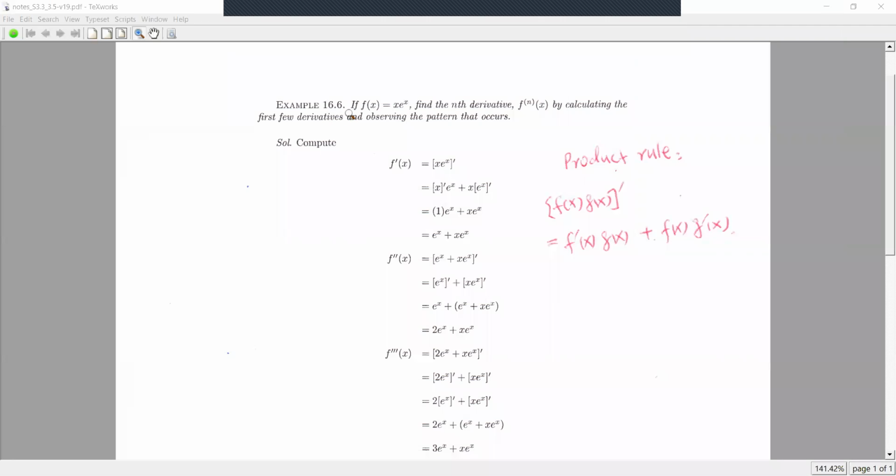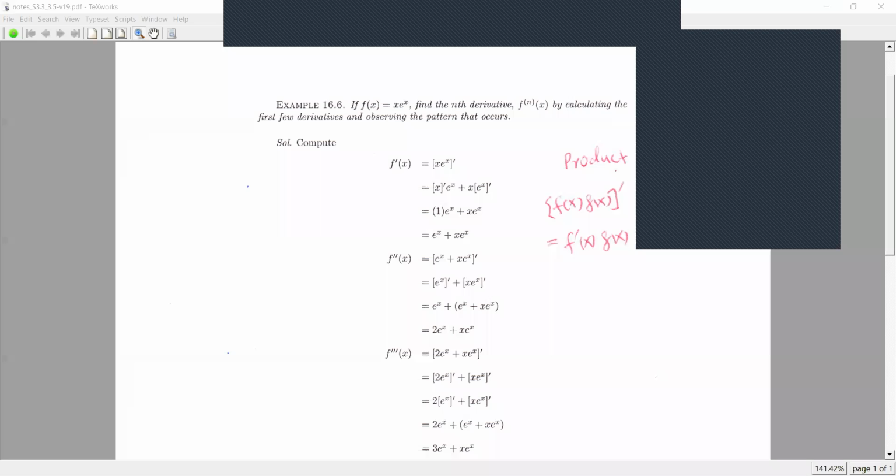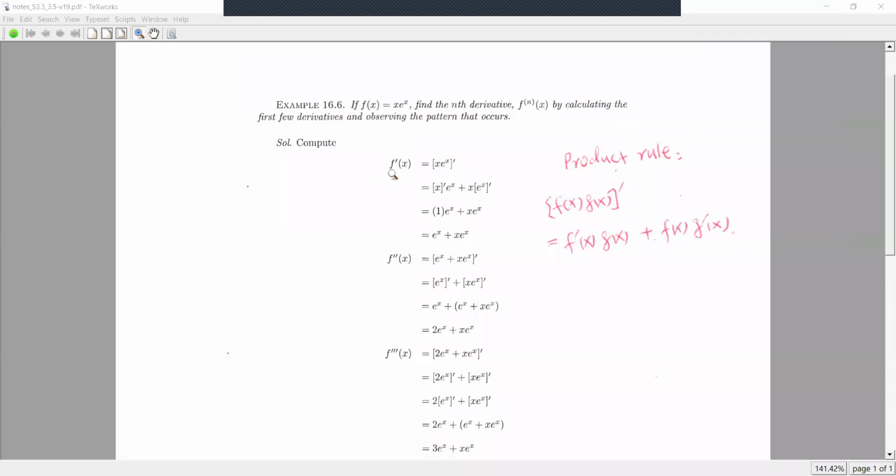Example 2, if function f is the function x times e^x, find the nth derivative by calculating the first few derivatives and observing the pattern that occurs. Take derivative on the function f.